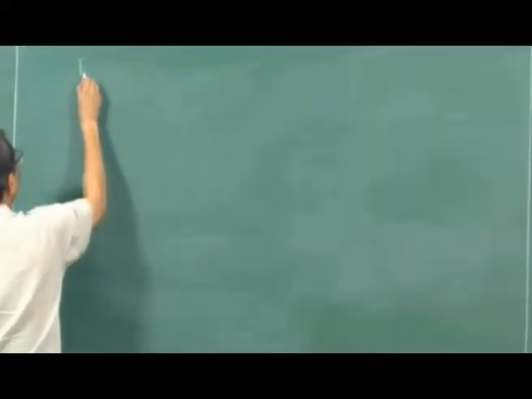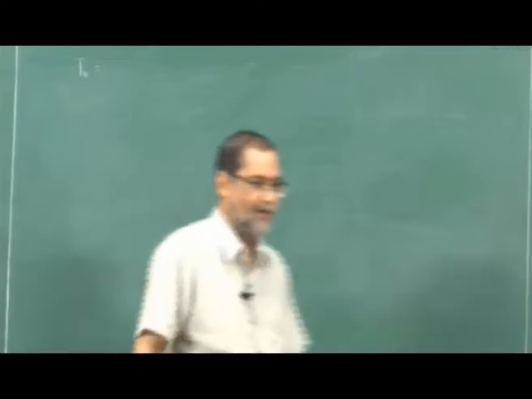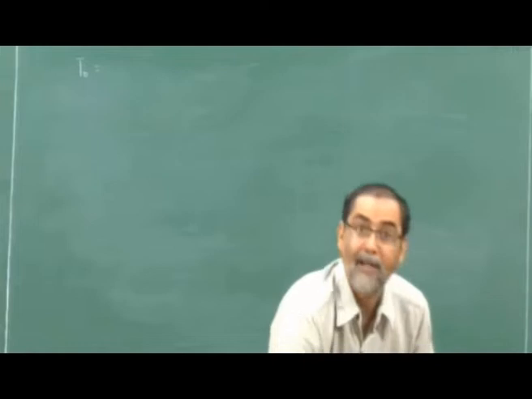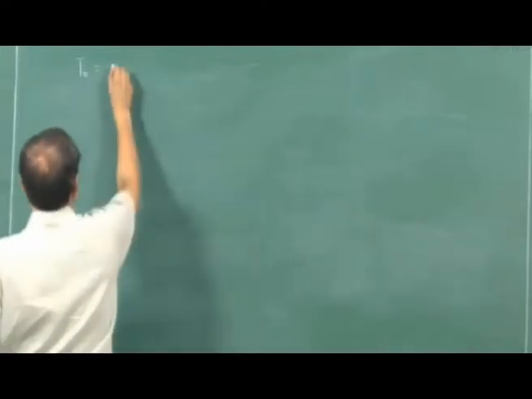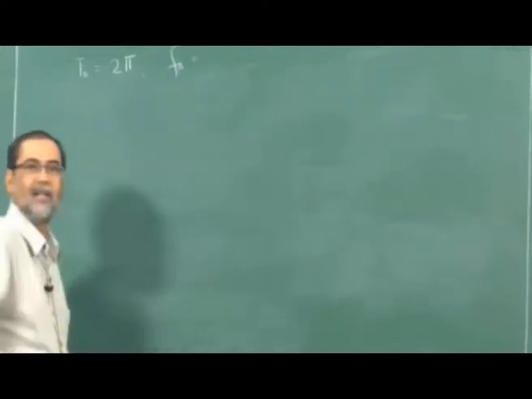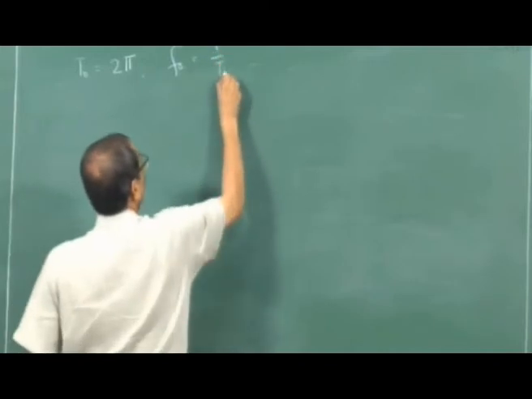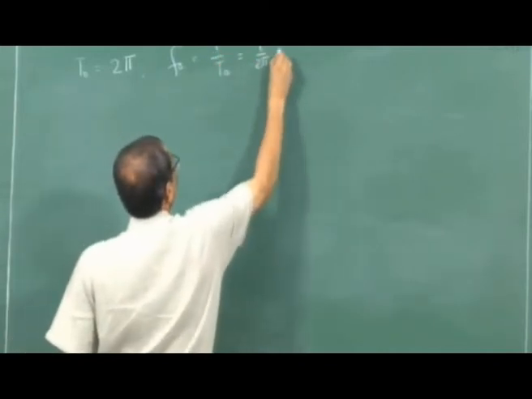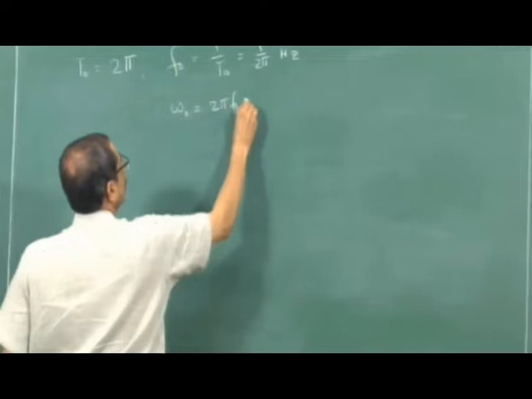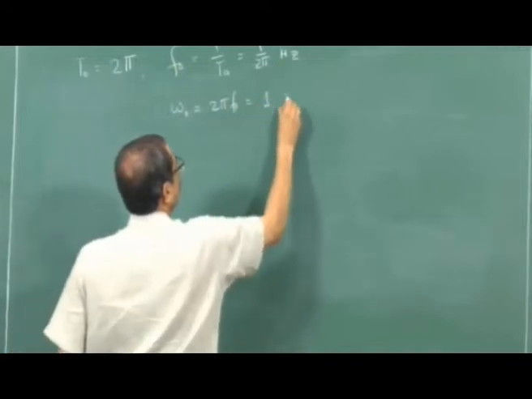My period is from this midpoint, so here from minus pi to plus pi. So period is 2 pi, and frequency in hertz is 1 by T naught, which is 1 by 2 pi hertz, and frequency in radians is 2 pi f naught, so it is 1 radian per second.